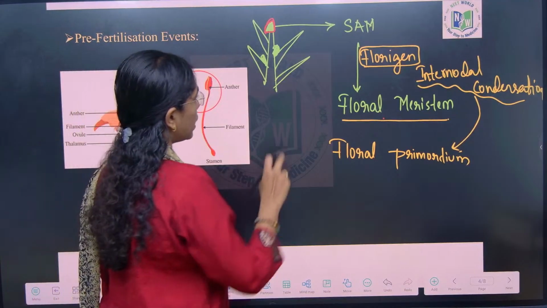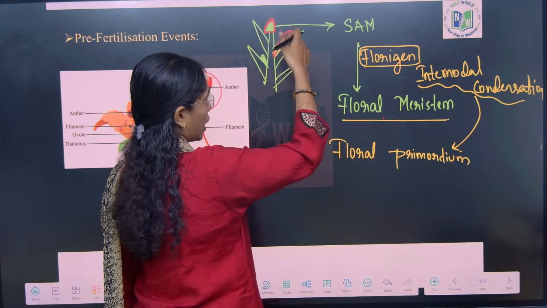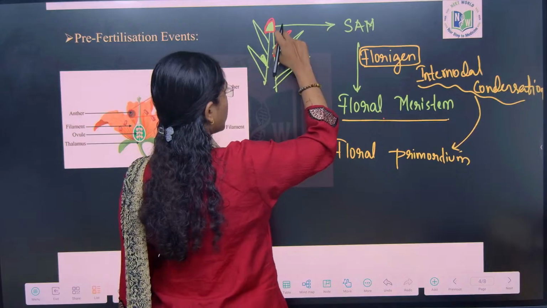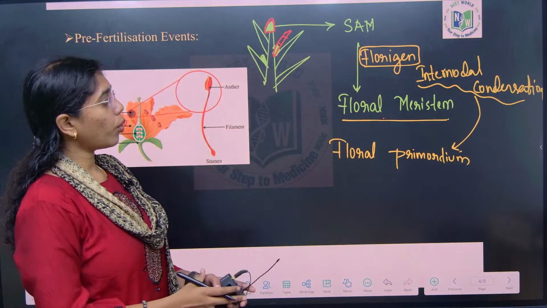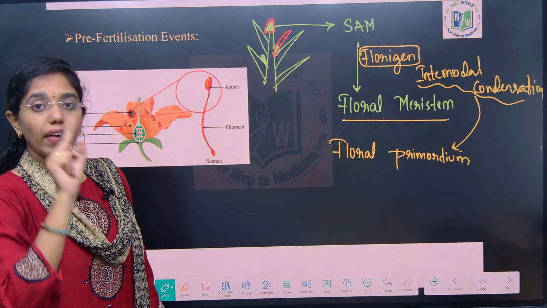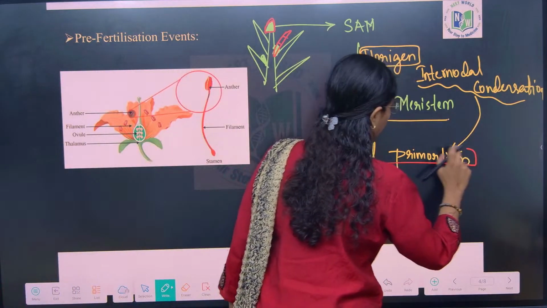For example, axillary buds move into lateral branches from the same axillary meristems. The internodal lengths will be long, whereas in the modified floral meristem, the internodal length will be very less. So, via internodal condensation, this forms a floral primordium.